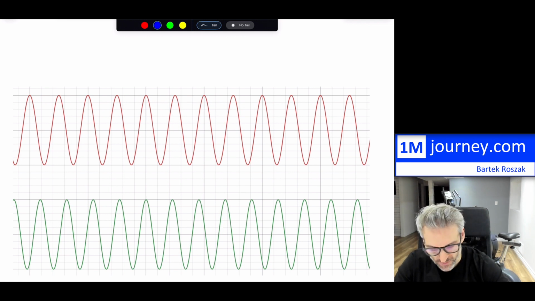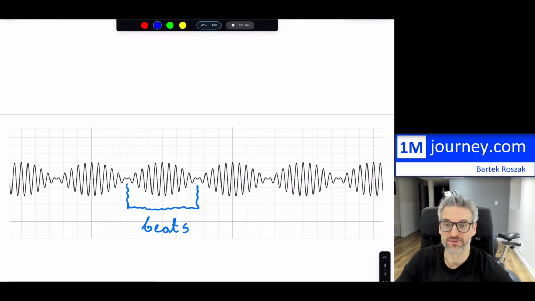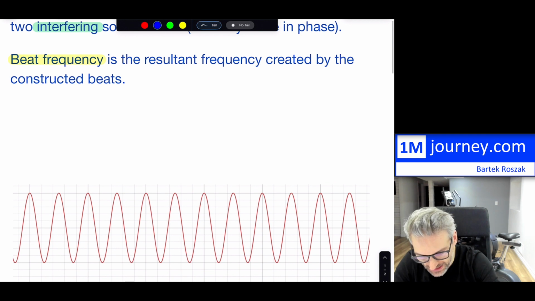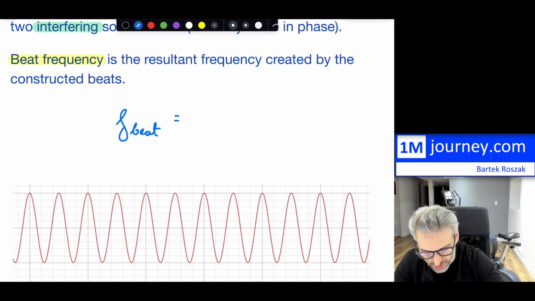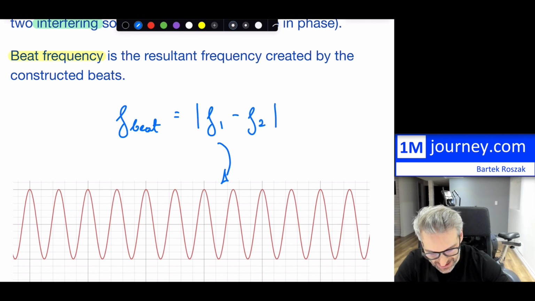Now, it turns out that you can actually find what this frequency is. Of course, if you have a graph and if we had a timeline, then we can find out exactly what this would be. But the other way that you can find it, and it's very easy to do so, is that the actual frequency for the beat is equivalent to the magnitude of the frequency of the first sound wave minus the frequency of the second sound wave.